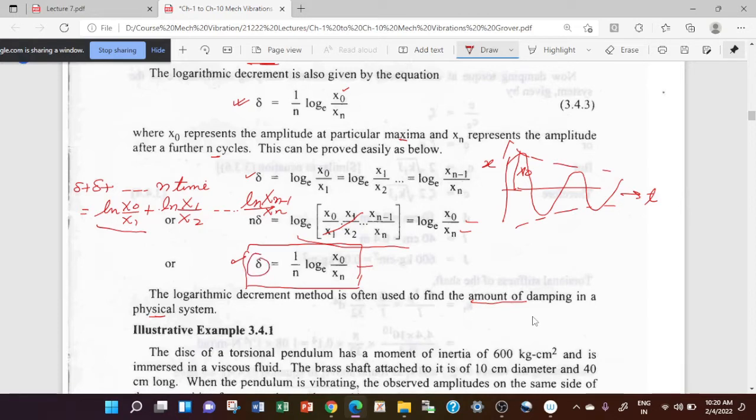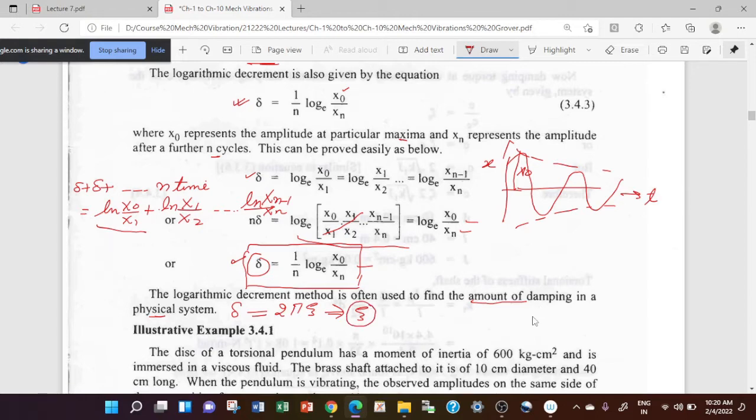So for the system for which you have been given a graph, you don't know anything, but you have only the displacement graph. From that you can find x naught, xn and find delta here. From delta you can use delta equals 2 pi zeta here, and from that you can find zeta, that is your damping factor.